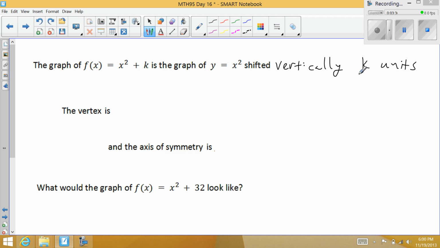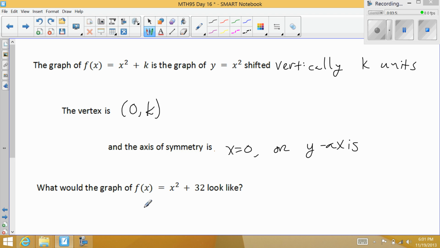So positive 5 units or negative 5 units, but shifted up or down a value equal to k. And then the vertex will be at 0, k. And the axis of symmetry will still be the y-axis, x equals 0. Did I say x-axis? I meant y-axis.